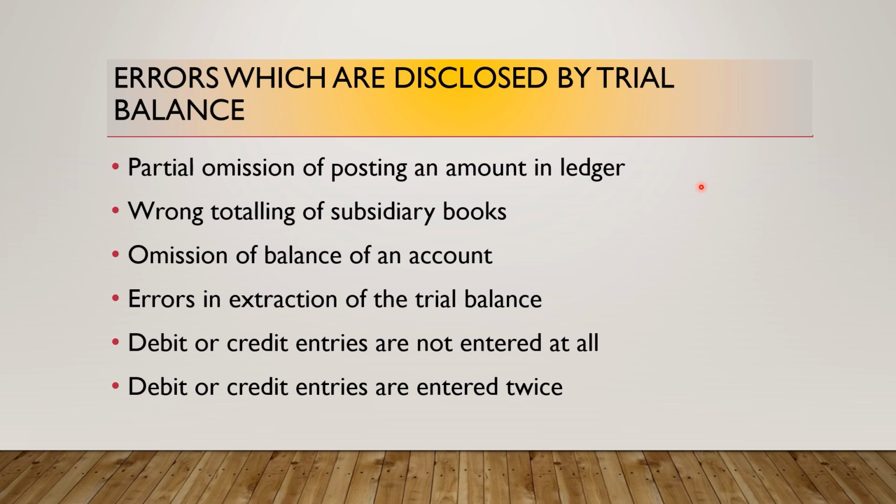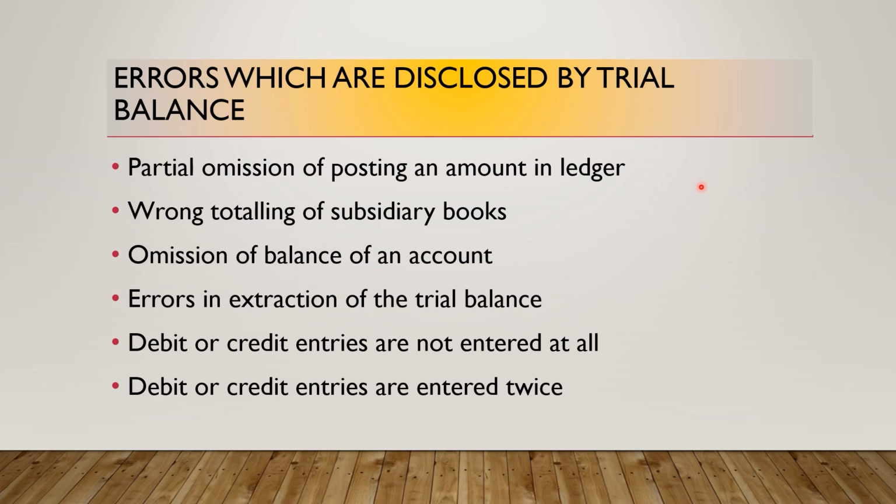Wrong totaling of subsidiary books. Again, this could be one of the problems. It could be a totaling error. Since trial balance is taking care of arithmetical accuracy, it will tell us that there is some problem with the subsidiary book. Omission of balance in an account. Some amount has been left. We have not entered it at all. Errors in extraction of a trial balance.